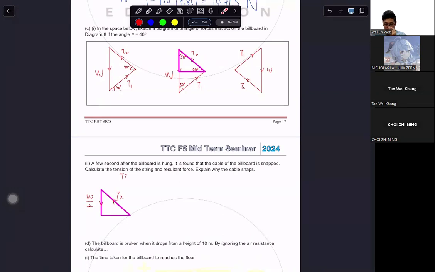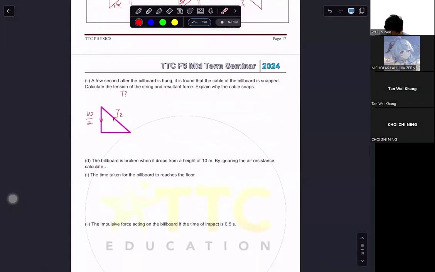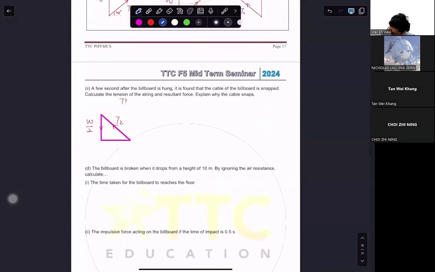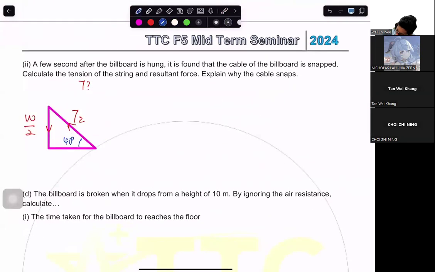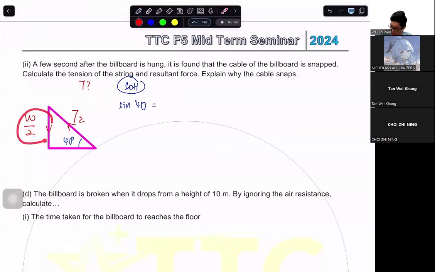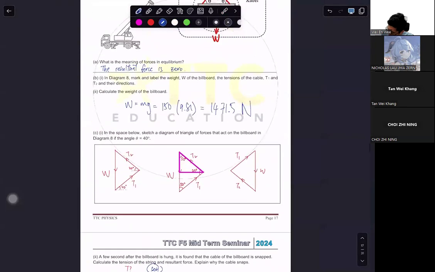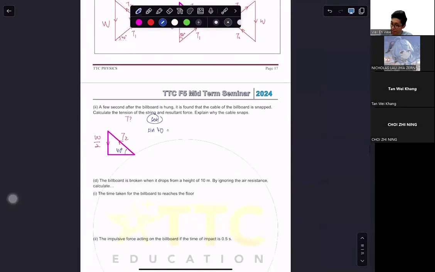Okay, yeah. So then we can say, let's say, where's our angle? This is our angle, 40 degrees just now. Okay, we can say, let's do SOH. Sine of the angle is opposite over hypotenuse. The opposite is what? The opposite is weight divided by 2. The weight is 1471.5.